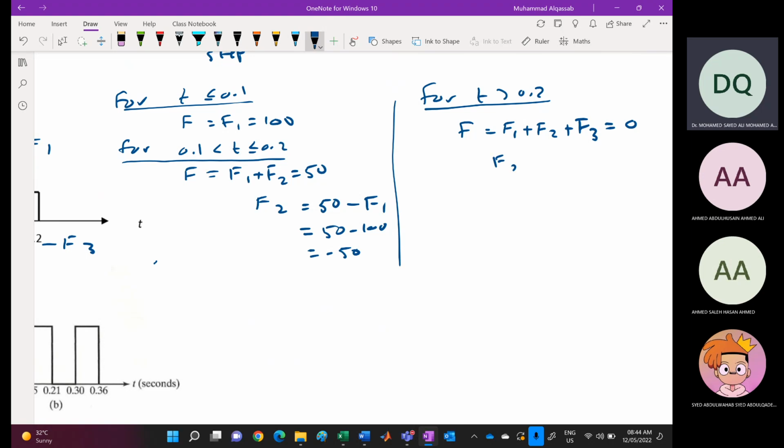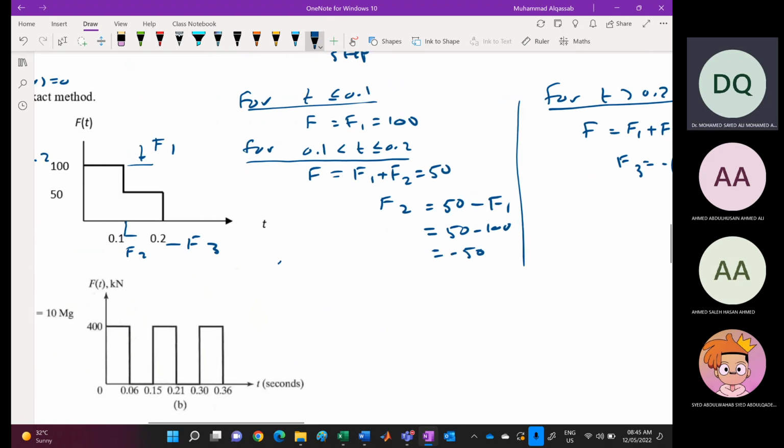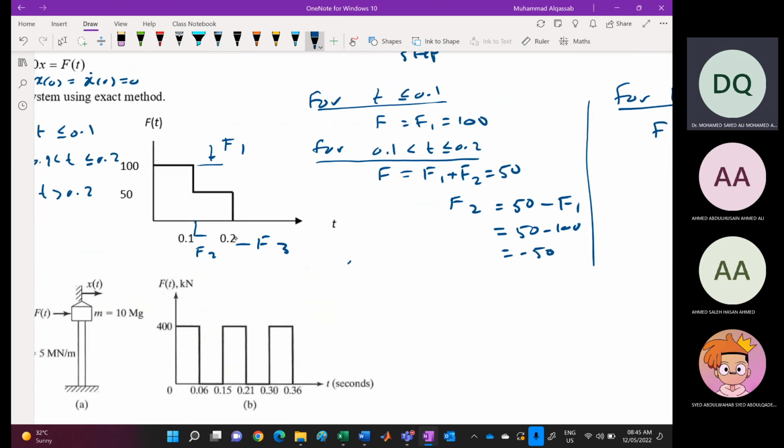So therefore f3 equals minus 50 again. As you can see, f2 is minus 50, f3 is also minus 50, but the starting time is different. f2 is starting at 0.1, f3 is starting at 0.2.